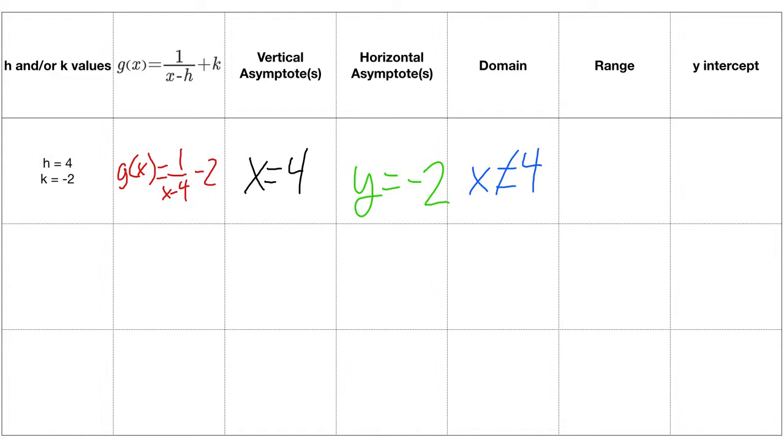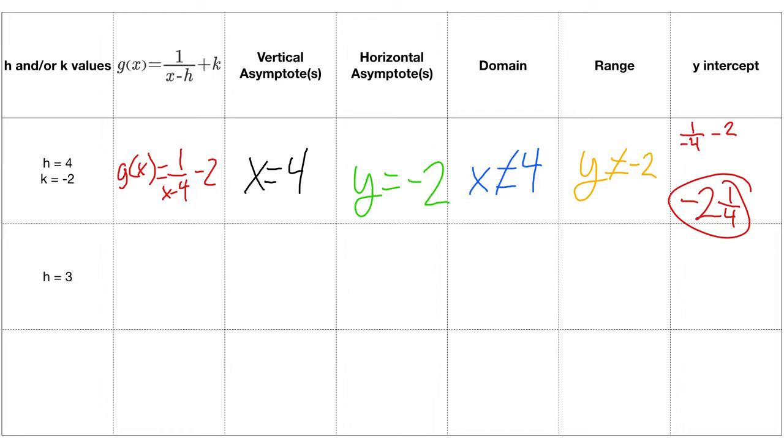Our range is going to just be y does not equal negative 2, and our y-intercept is the value when x is 0. So in this case, I would say 1 over negative 4, minus 2, which is negative 2 and a fourth. Okay, let's try another.